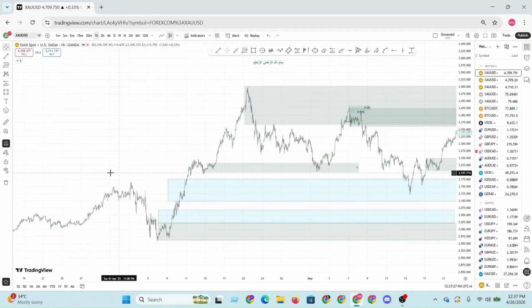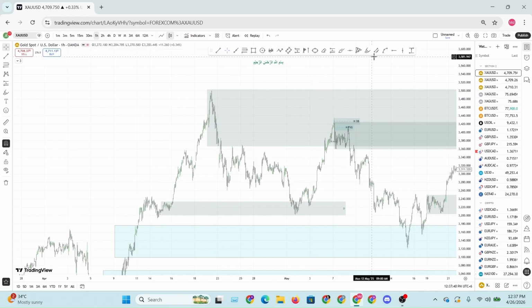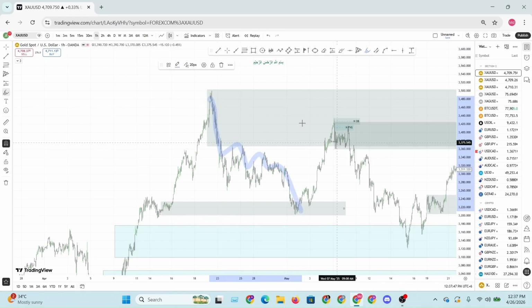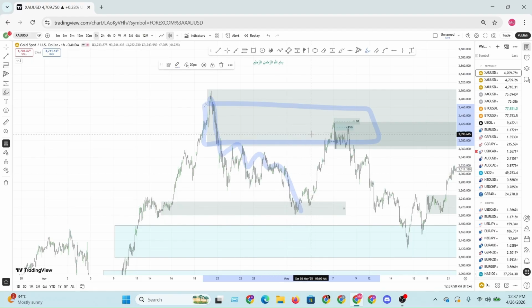This is the order block after this high break, the all time high. The market retraced there, and when it retraced, it created an order block also. It creates an order block here. So what we see is that there is a PY, and also this is a PY. So we're expecting a move from this PY to this PY.